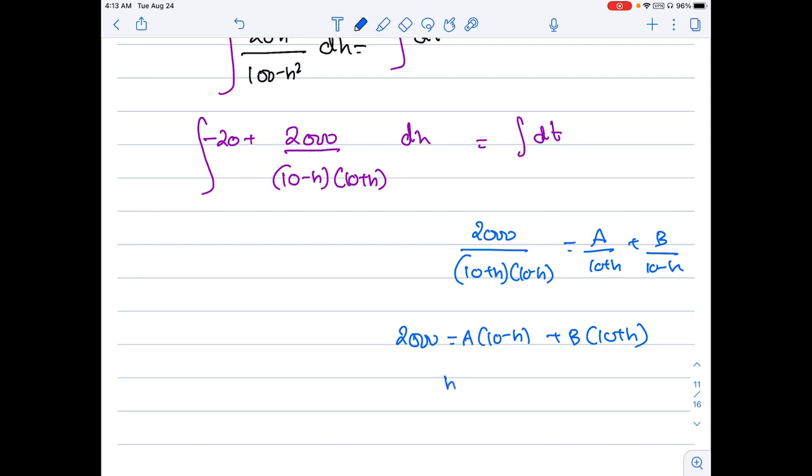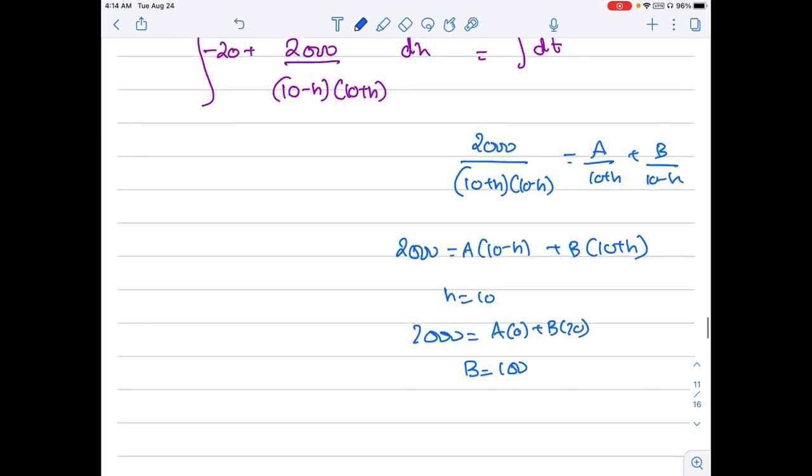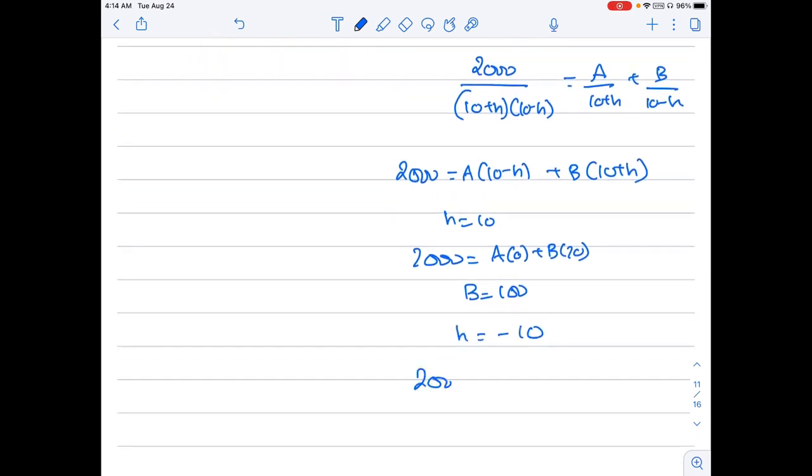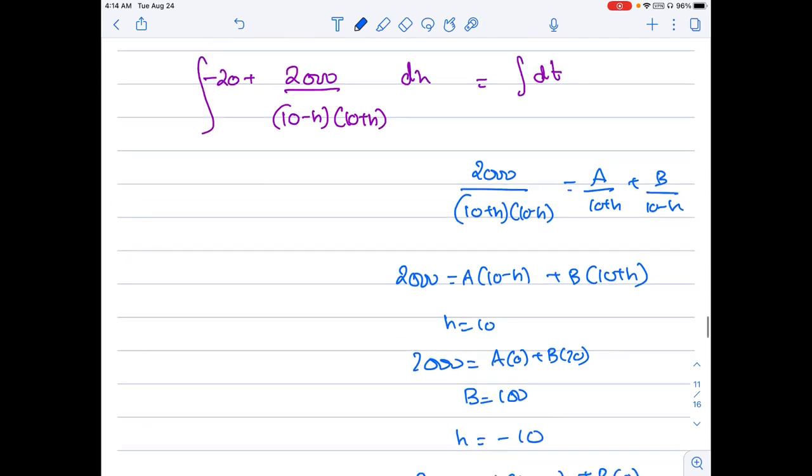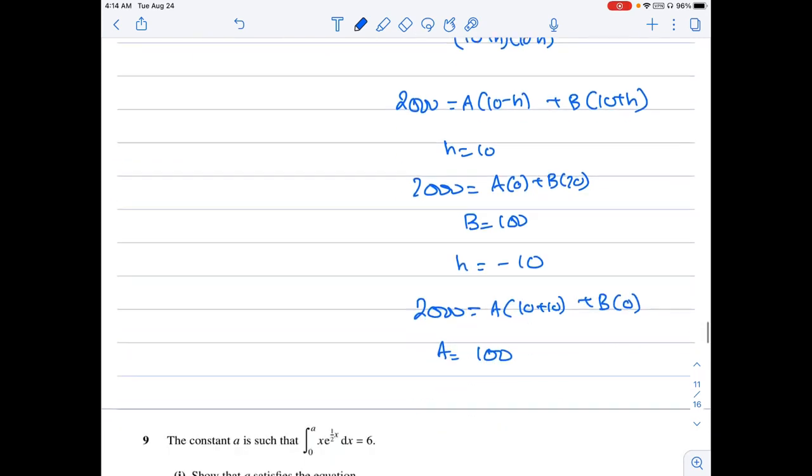So I plug in h is equal to 10, so 2000 is equal to a times 0 plus b times 20. So b is equal to 100. Then I take h equal to negative 10. So it becomes 2000 is equal to a times 10 plus 10 plus b times 0. So a is equal to again 100. So I got a as 100, b as 100. So I will be continuing with this one.